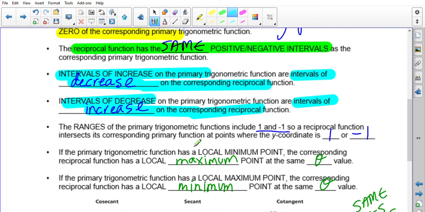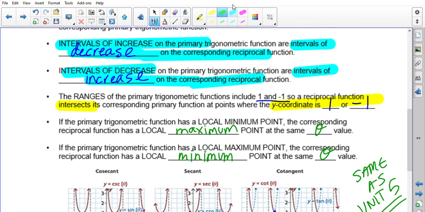The range of the primary trig functions includes 1 and negative 1. So a reciprocal function intersects its corresponding primary function at the points where y equals 1 and negative 1. That's why we have POIs there, same as last unit.